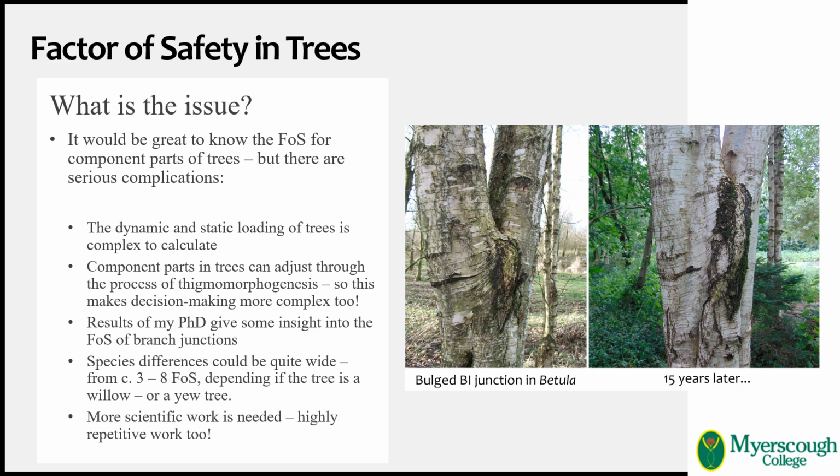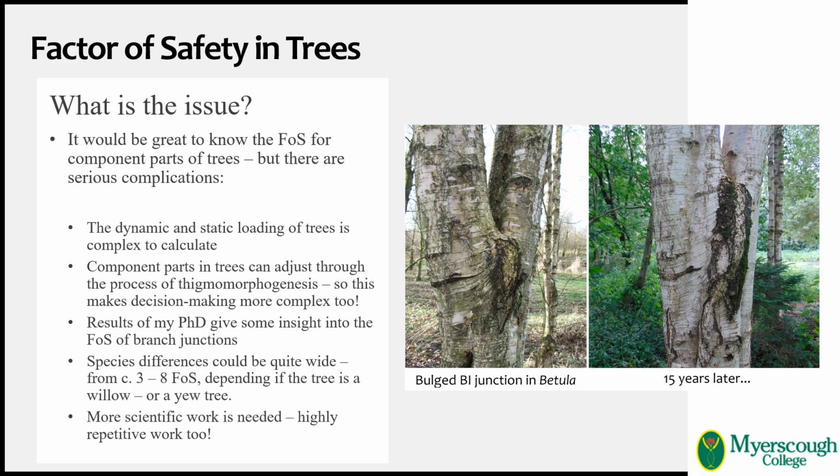In my PhD studies on the biomechanics of branch junctions in hazel, Corylus avellana, as I had tested over 400 branch junctions and had measured the movement of such trees using accelerometers, it was possible to put some estimated factor of safety numbers down for that component part for branch junctions in hazels.